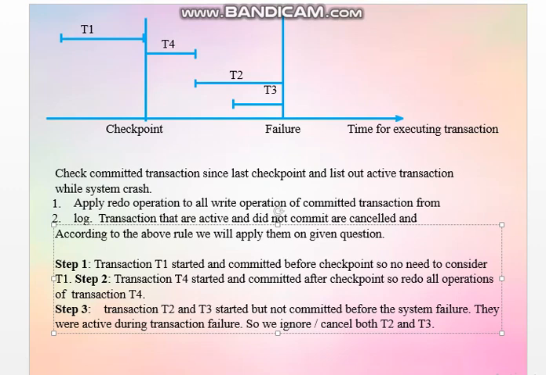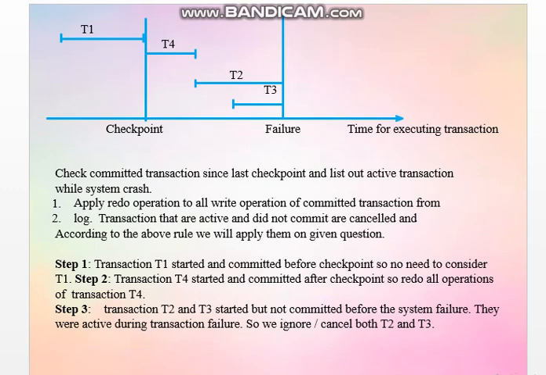For this particular example we can understand that T1 and T4 are committed transactions, and T2 and T3 are active transactions. Active transactions in the deferred update method do not actually make changes to the database. The changes are made in the local storage, that is the main memory.